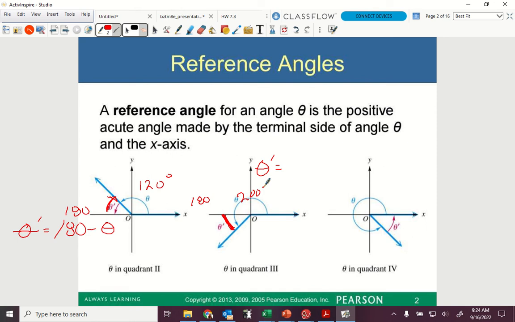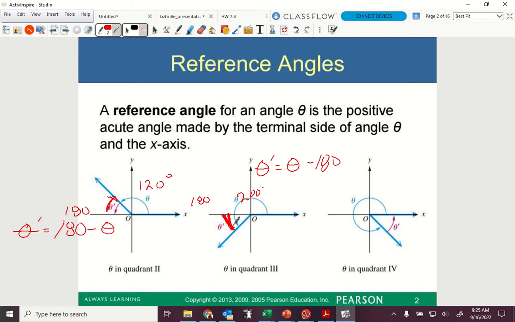Minus 180. I'm going to subtract 180 because I want just this little piece left. So I need to subtract the entire top part of this. I would take my theta and subtract 180 because I want to get rid of all that other stuff, so the only thing left is this little piece right here.